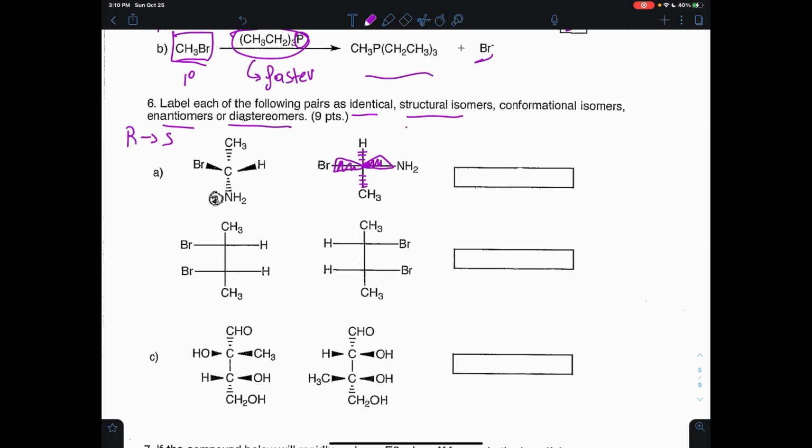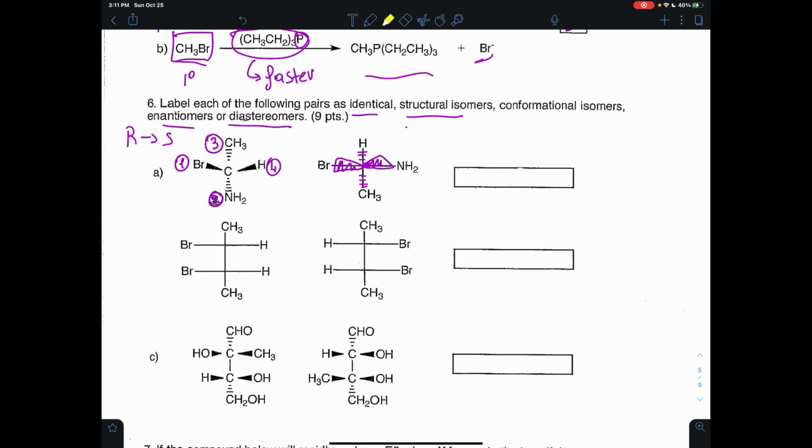First things first, you gotta number them based on priority. We know that hydrogen is the smallest, so it's number 4. Bromine is gonna be my biggest, so it's my number 1. Then I have NH2 compared to my CH3. I'm comparing the nitrogen versus the carbon, and nitrogen is a little bit bigger than carbon, so NH2 is my number 2, and CH3 is the smaller.